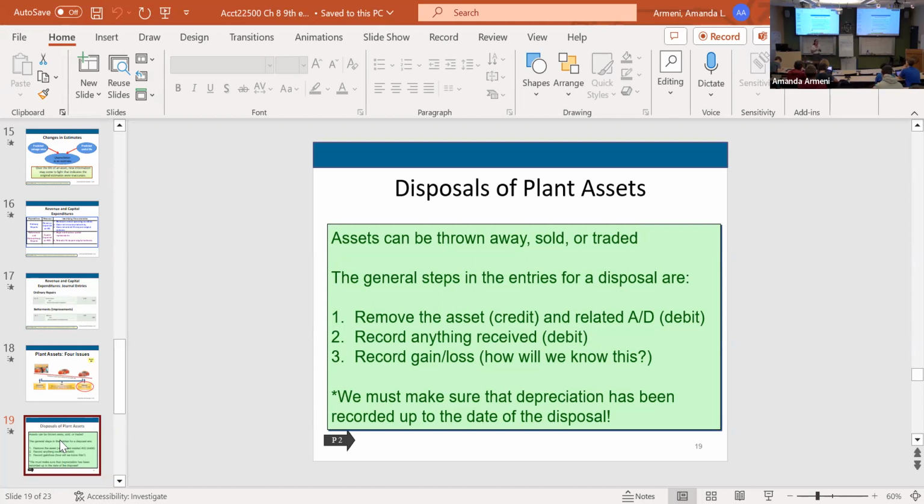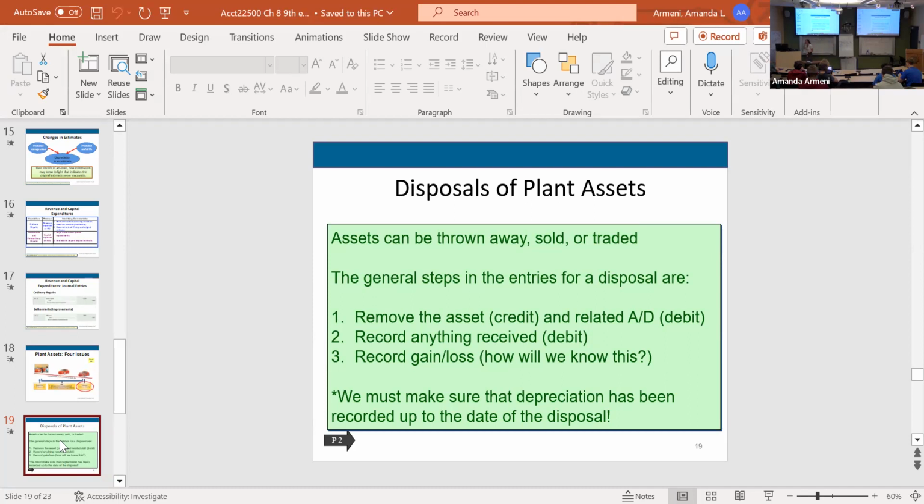The way we benefit from having machinery, equipment, buildings is because it's helping our business run. It's helping us generate revenue, right? If we don't have a building to operate in, we can't generate revenue. If we don't have machinery and equipment building our products, we can't generate revenue. So these are all assets because they are helping us generate revenue. If you are no longer using that asset to help your business generate revenue, you need to get it off your books. You need to get it off of your accounting records.